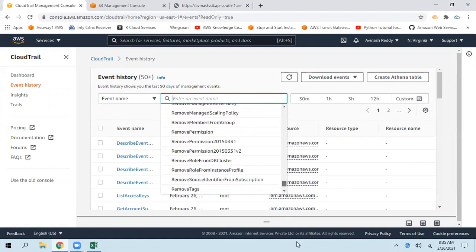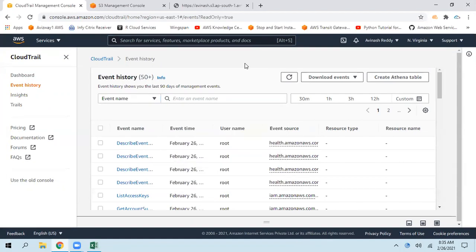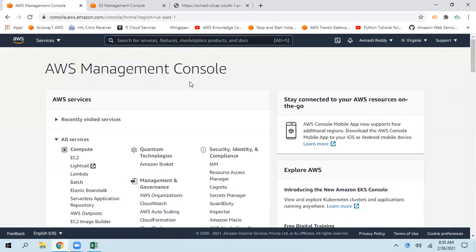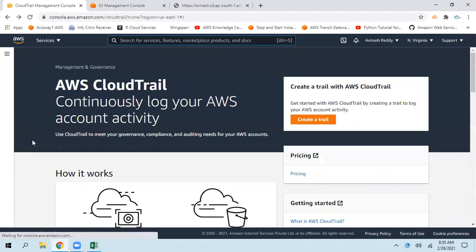If you want to get a notification when a particular event happens, yes, we can configure that using SNS along with CloudWatch. But every single operation is available within CloudTrail.